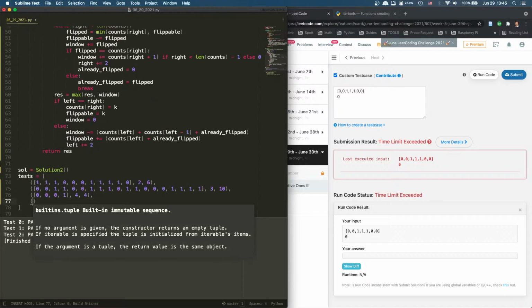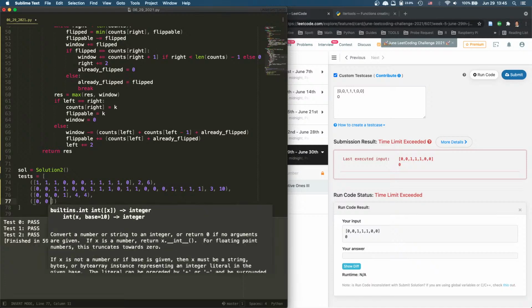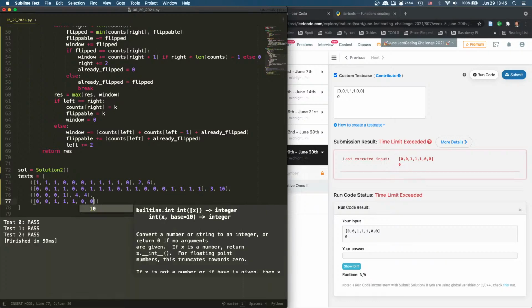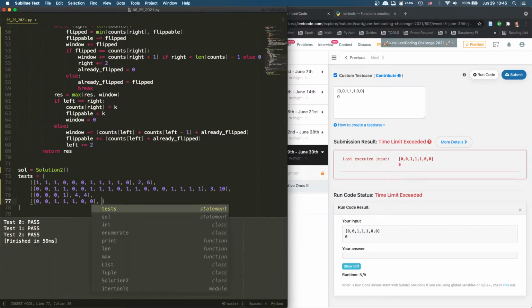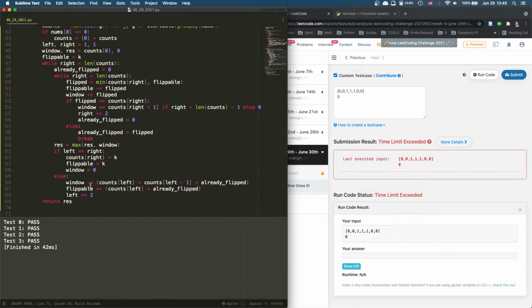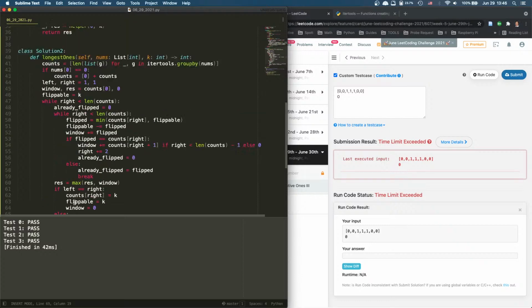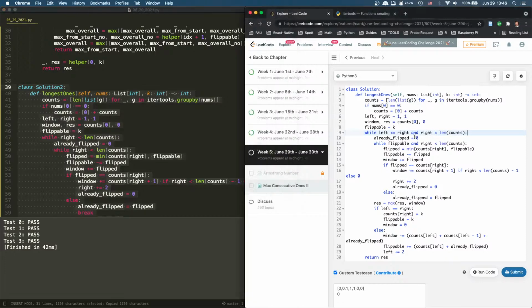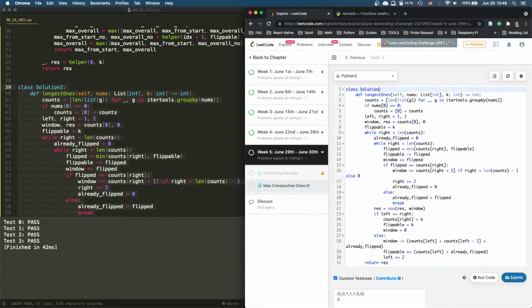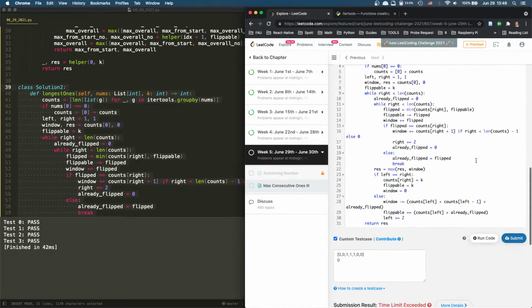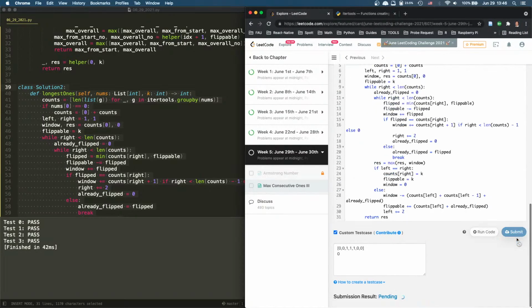Let's try this. So we have 0, 0, 1, 1, 1, 0, 0, and 0, and should be 3. Yep. I think I didn't change anything. I just changed something. Yep. Let's try it again. Submit.